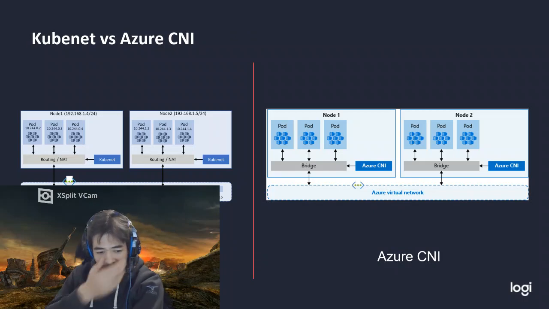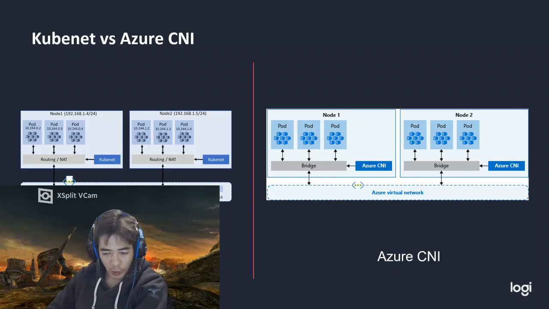Okay. On the left, we have kubenet. On the right, we have Azure CNI. As you can see, there is something different between the two. Kubenet is acting as a kind of NAT between the pod IP range and the virtual network. On the other hand, Azure CNI is a bridge, which is what I explained earlier. We are consuming IP addresses in the VNet range only for Azure CNI, while in kubenet, we have a range on the virtual network.